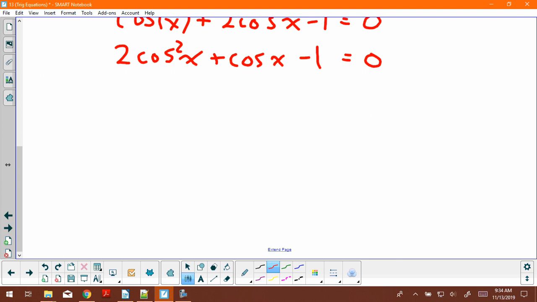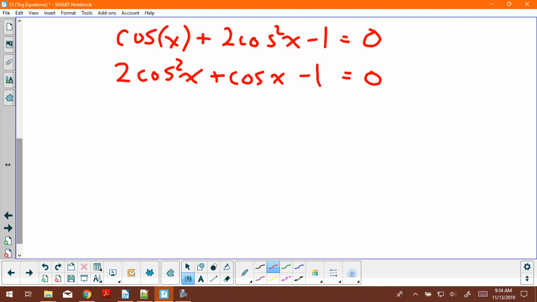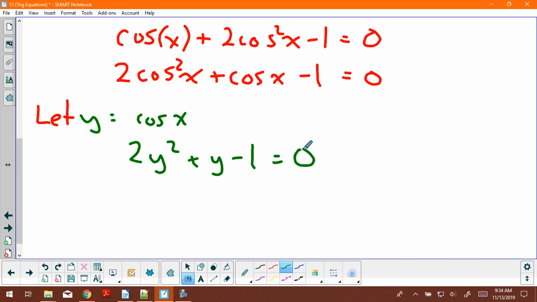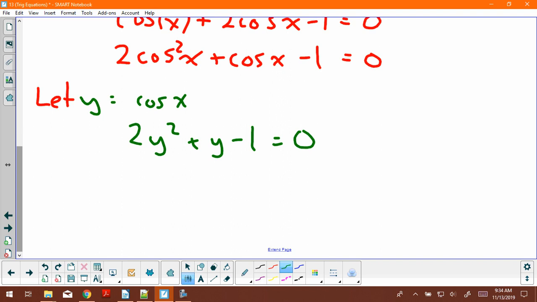If it helps you to see that, we'll do a little substitution here. Let y equal cos x, not cos squared, cos x. So it looks something like 2y squared plus y minus 1 equals 0. We're going to need to factor that.